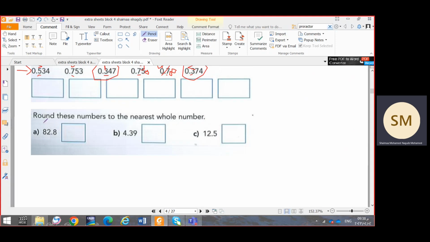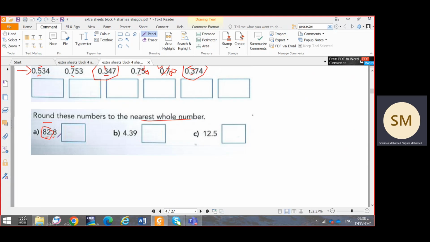خلاص، طيب تعالوا الراوندنج. الراوندنج هنا 82.8. لما اجي اعمل راوندنج يا جماعة انا بقول round to the nearest whole number، يعني انا عايزة الهول نمبر بس. I want the whole number only. طيب هعمل ايه بقى علشان اعرف اذا كان it will increase or decrease؟ I will look at the tenths place.